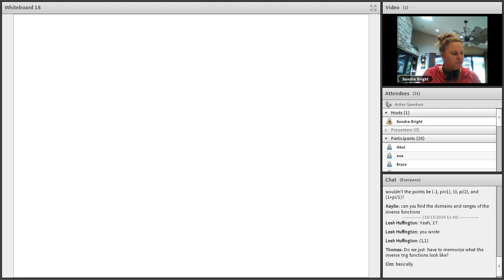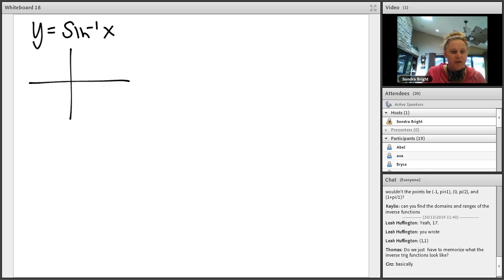All right, well, I guess maybe you want me to do all of the domain and ranges for all the inverse trig functions. So let's go with y equals inverse sine of x. This graph goes from -1 to +1, and from negative pi over 2 to positive pi over 2, and it looks like this.